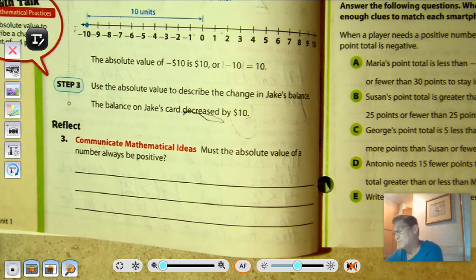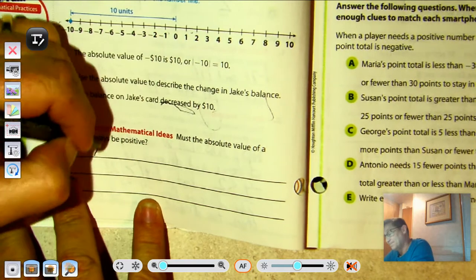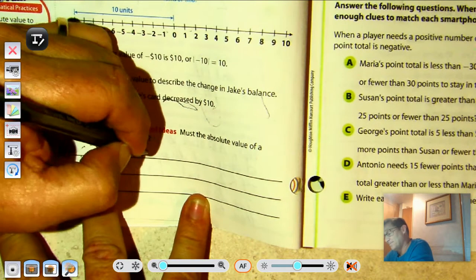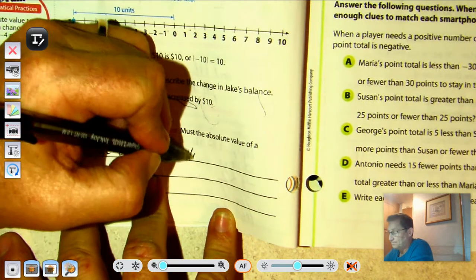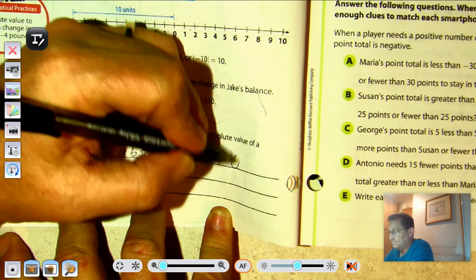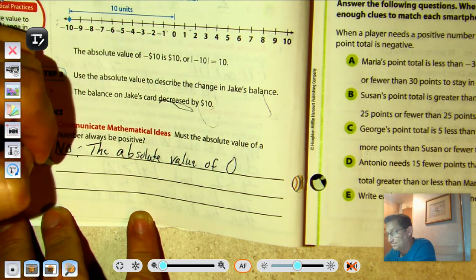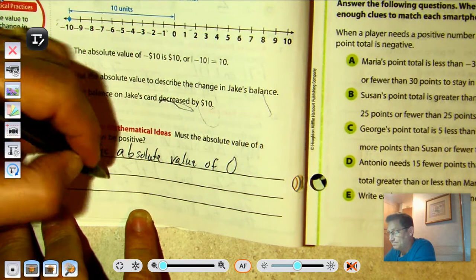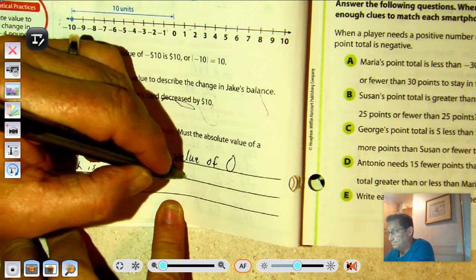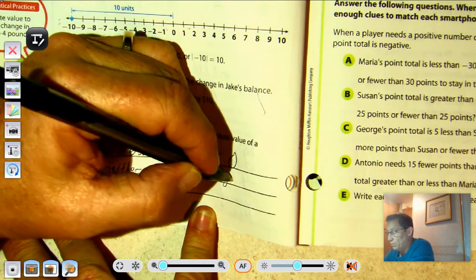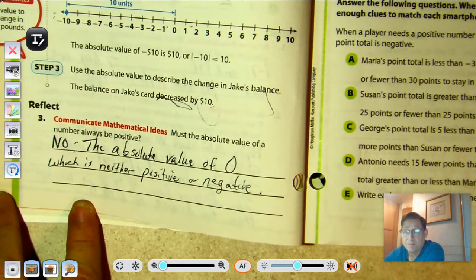Okay, so the absolute value of 0 is neither positive or negative. So the absolute value of 0 doesn't have to be positive.